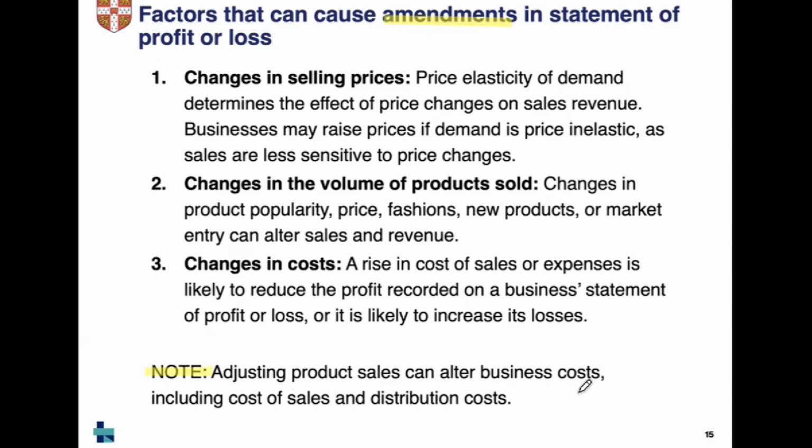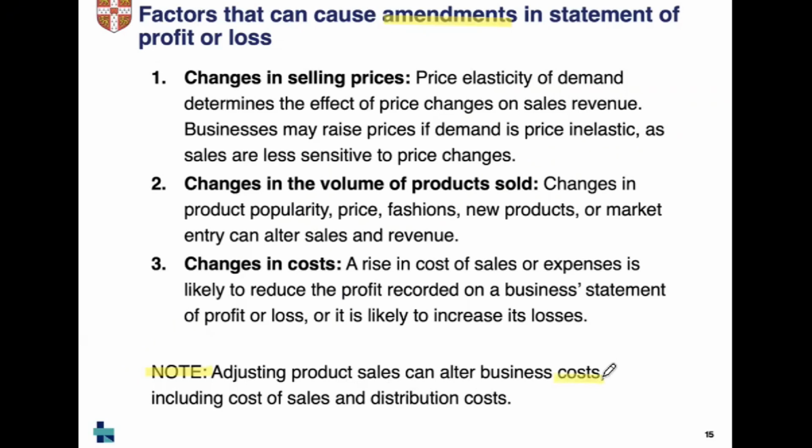When we change the quantity, or when we change the cost, adjusting product sales can alter business costs. So when we increase the sales or when we decrease the sales, it has an effect on our costs. Direct costs, for instance, or cost of sales will reduce when our product sales also reduce.